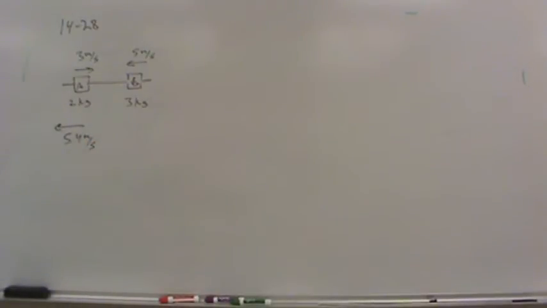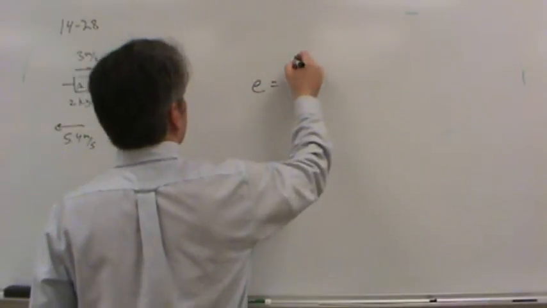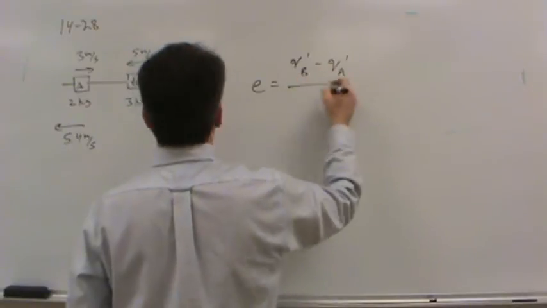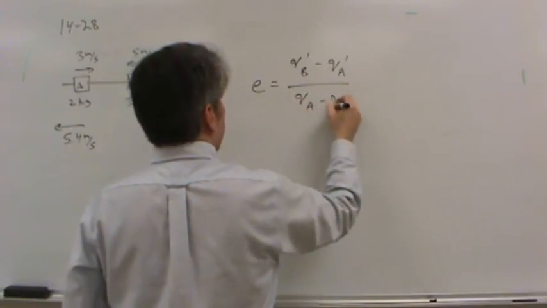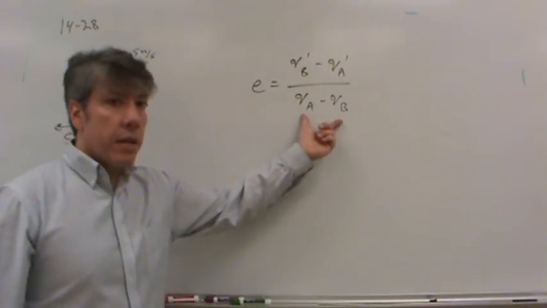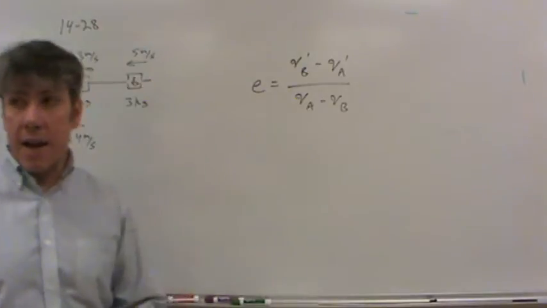Now I've pointed out in the book the equation for the coefficient of restitution. So let's start using the terminology in this equation. The way to remember this is that the denominator is the relative velocity before impact, the numerator is the relative velocity after impact.